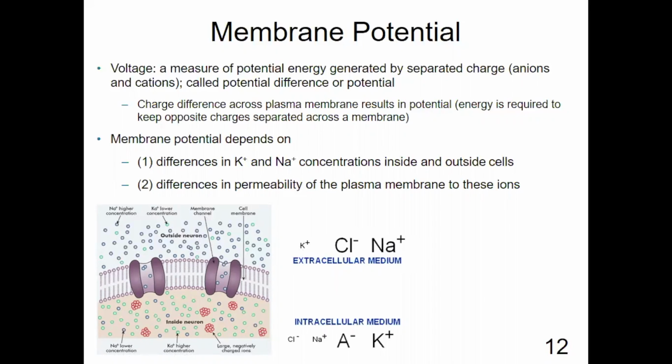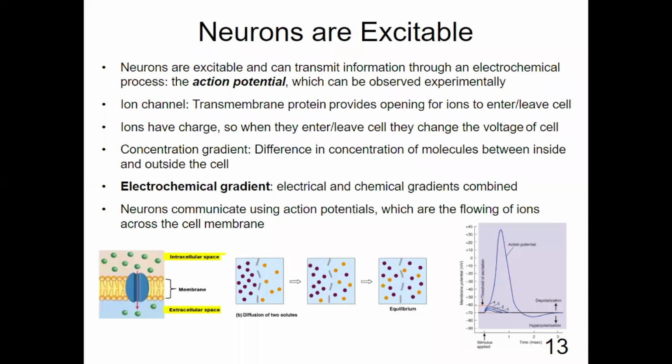So it's these differences in concentrations of these ions inside versus outside the cell that is responsible for the membrane potential of a neuron. As I mentioned on the previous slide, the membrane potential of a neuron is largely determined by the ions that are present inside versus outside the cell.